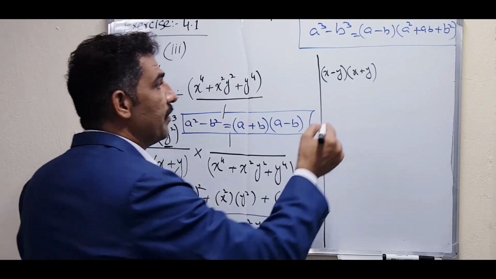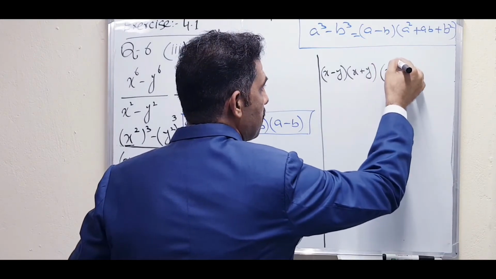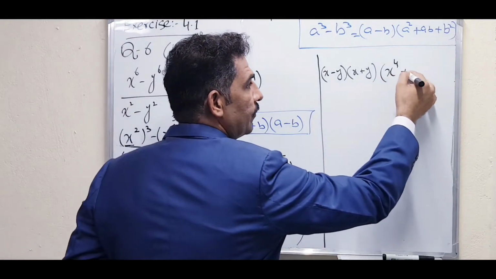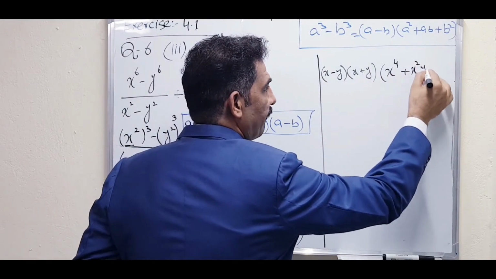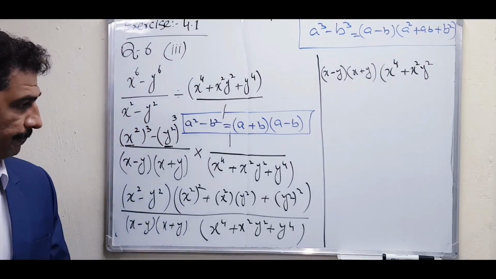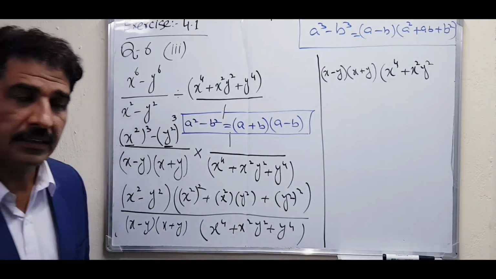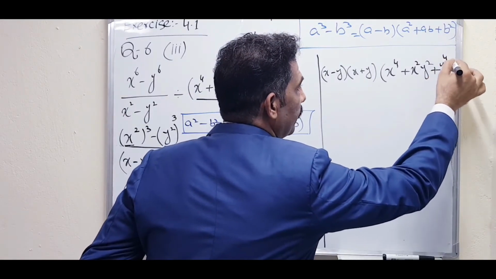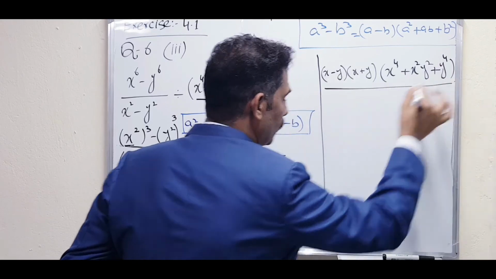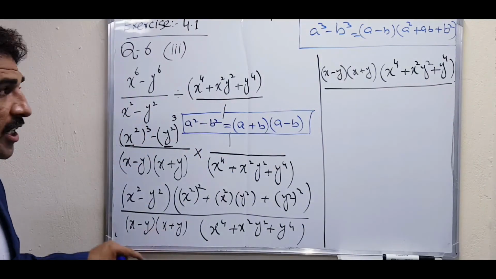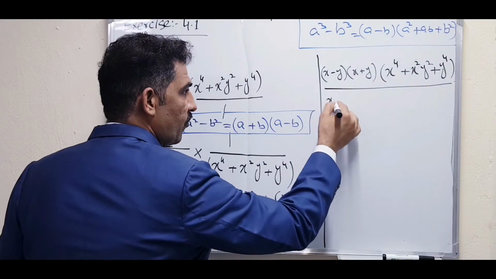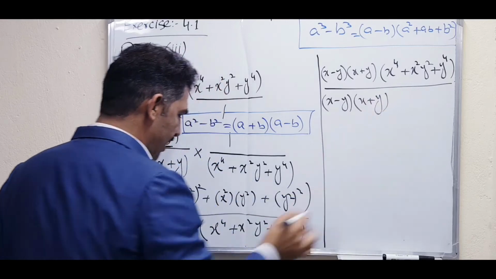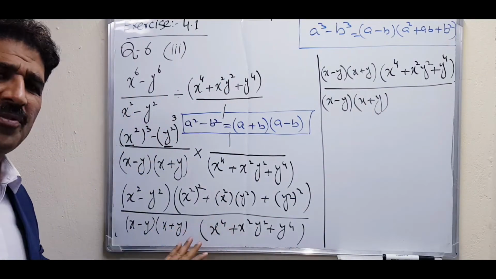Good. x raised power 4, then a and b multiply, x square y square, square of y, good, y raised power 4, over x minus y into x plus y. x minus y into x plus y will remain the same. No change in the denominator. Same you have to write.